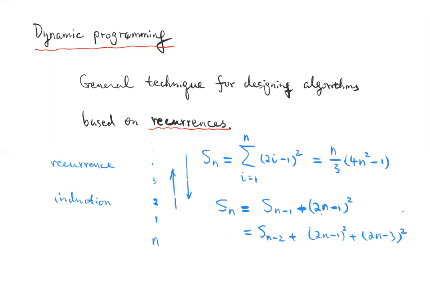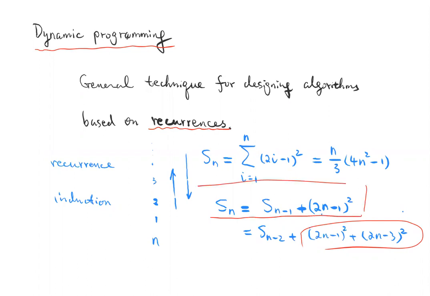Now, if we try to use this recurrence relation to compute Sn in this way, we can leave the dirty work to the computer. This part, we really don't care how it's computed. We can just call a recursive function to use this relation, and the computer will do the dirty job for us, extending the summation to these things.